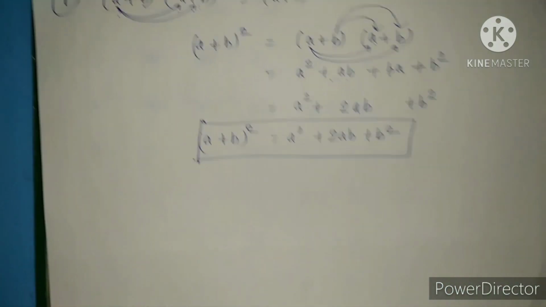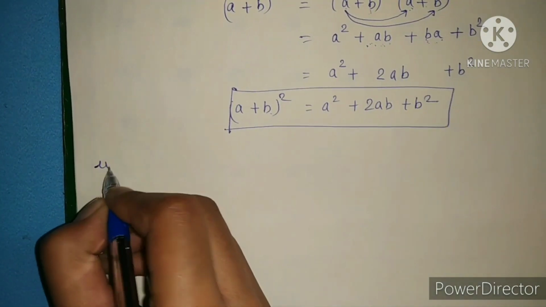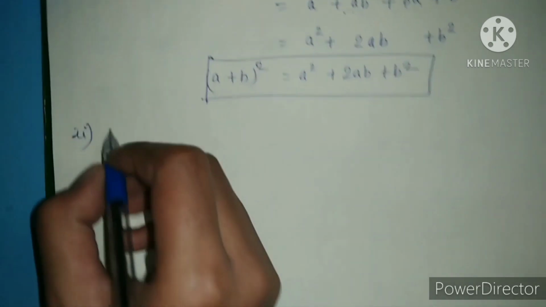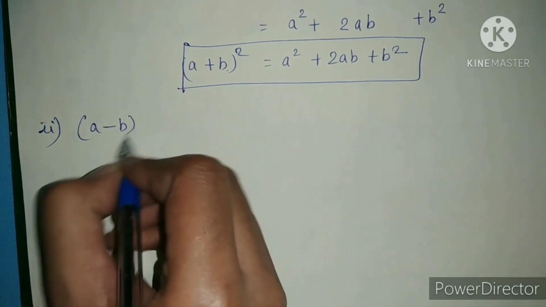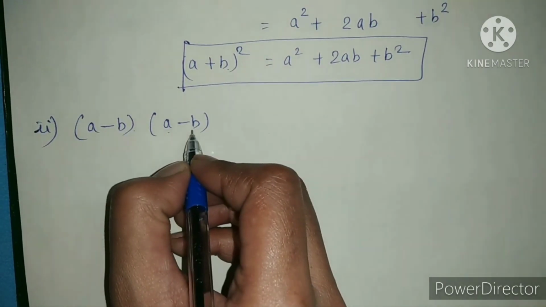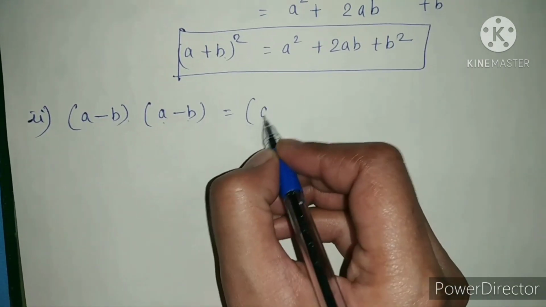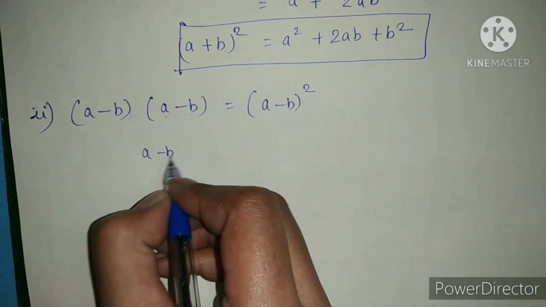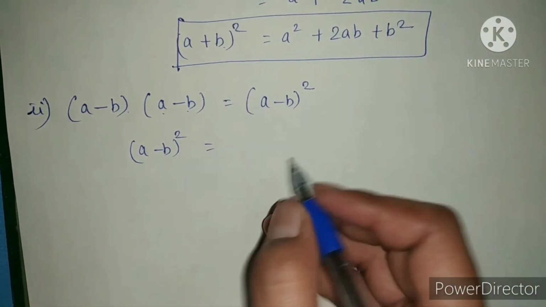Now the second identity that we will see. Here we saw the case where both have a plus symbol. Now we are going to see when we have a minus symbol. So we can write (a minus b) whole square. It means (a minus b) whole square will give what identity?